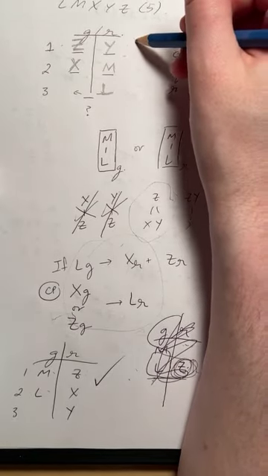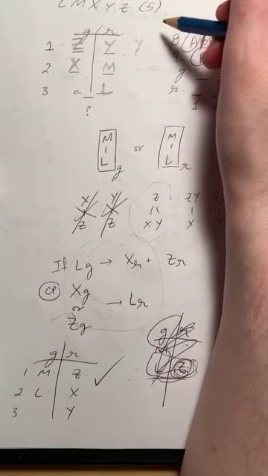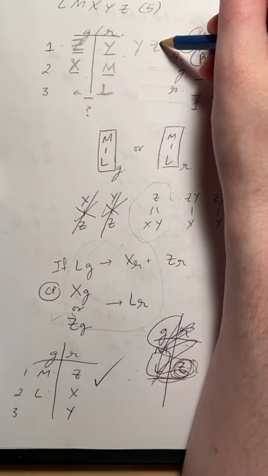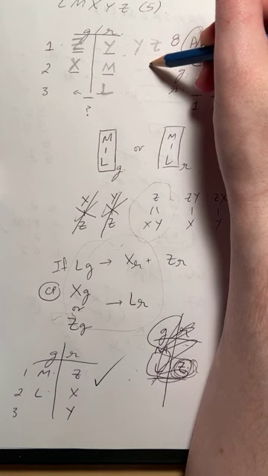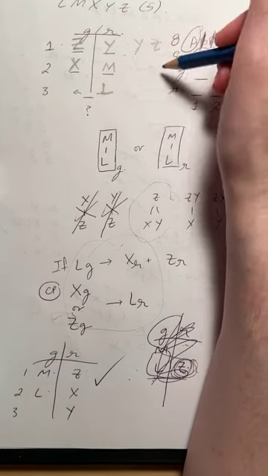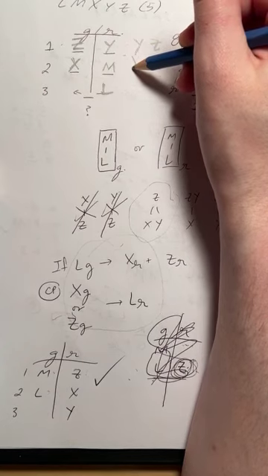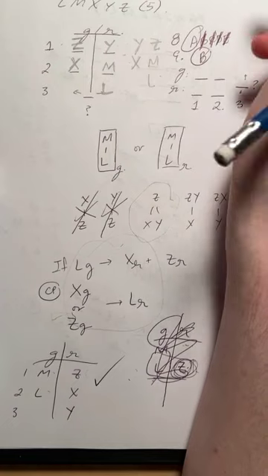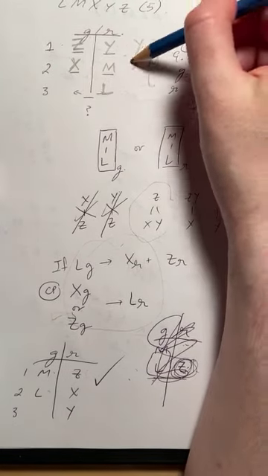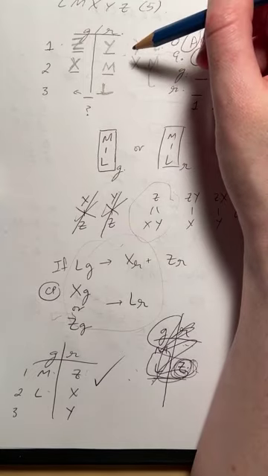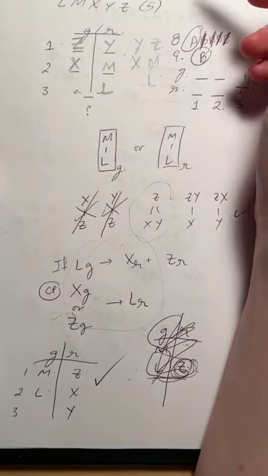If we switched it up and we put Y in the gold room and Z in the rose room, then as soon as we put X in the gold room, we have to put L in the rose room. But we could also avoid it and put X in the rose room and M and L in the gold room, that would be fine as well.